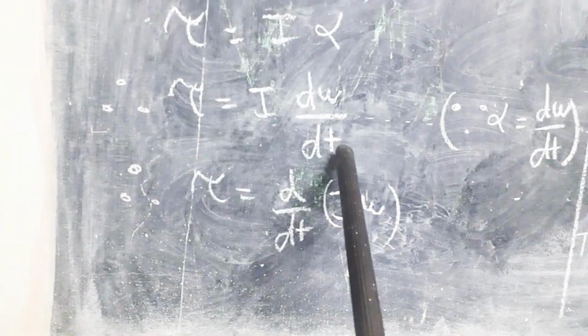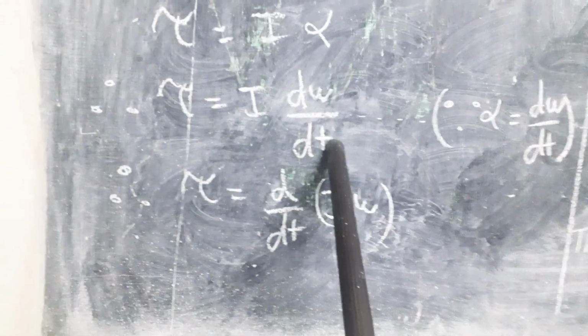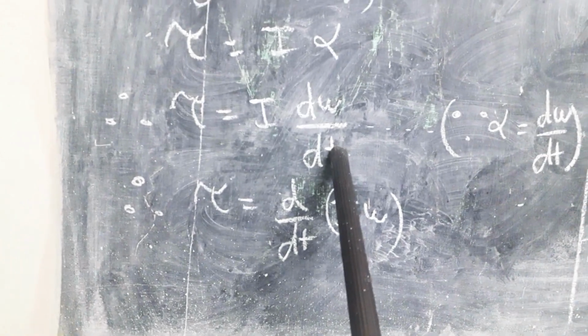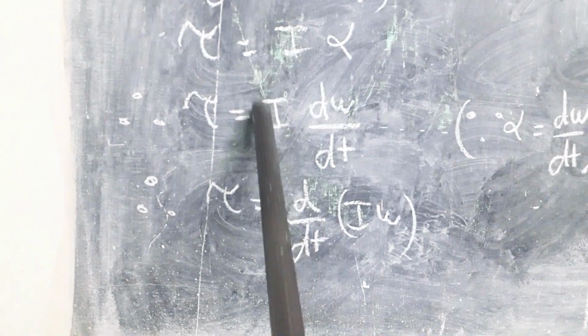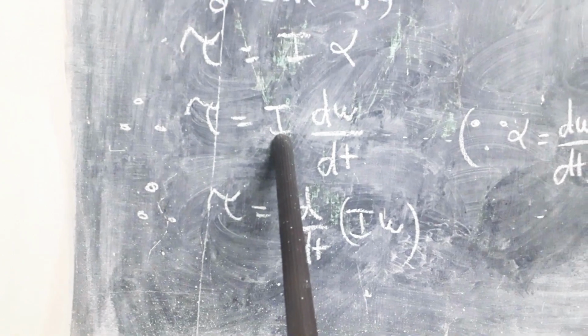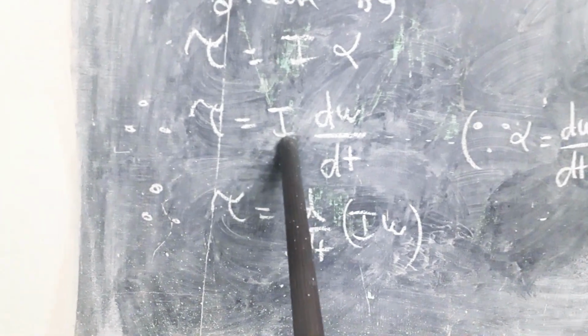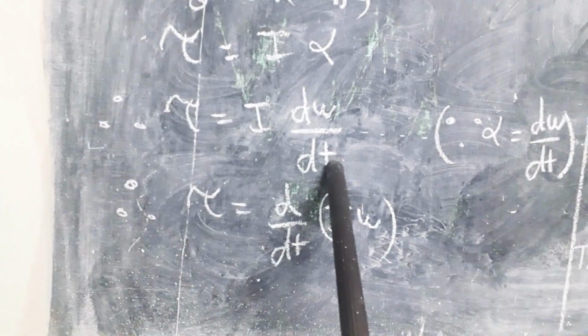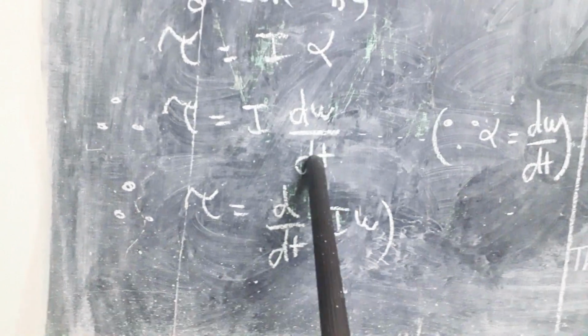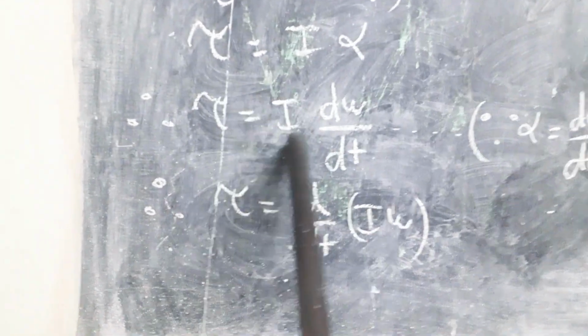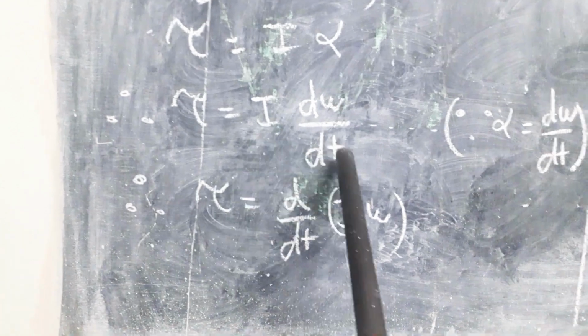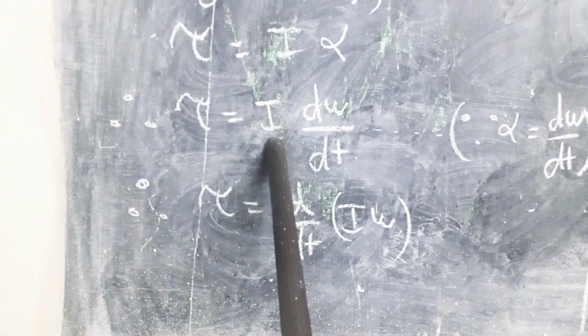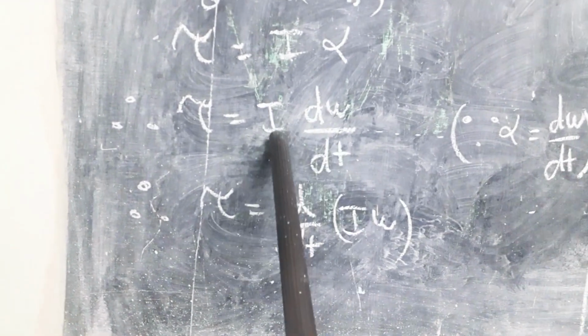So this term is independent of time, and capital I is a constant with respect to time. Even though the time changes, the value of I remains as it is. At time t equal to 0, I is constant. After 1 hour, I is constant.